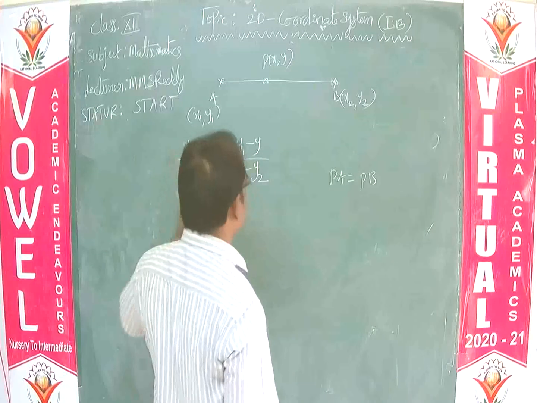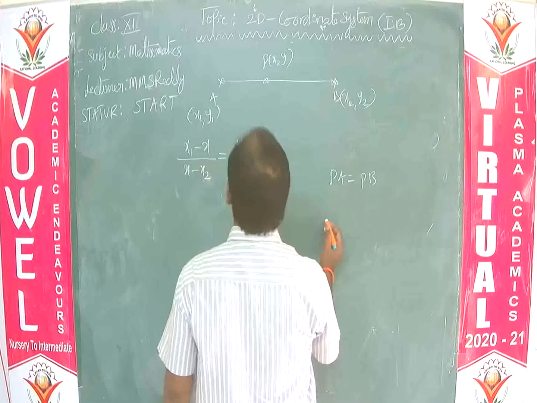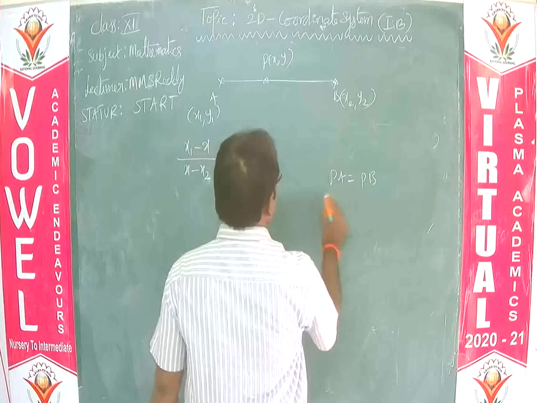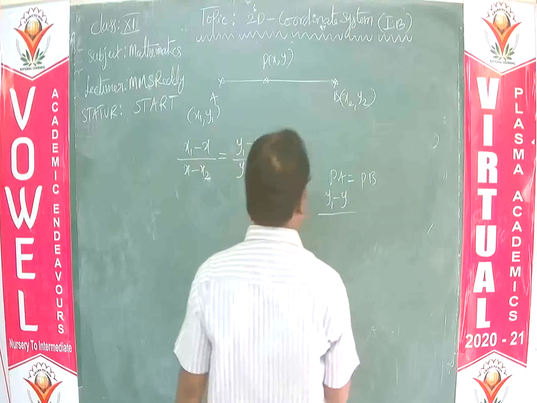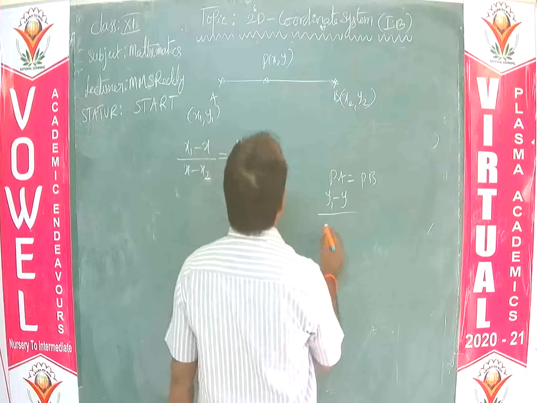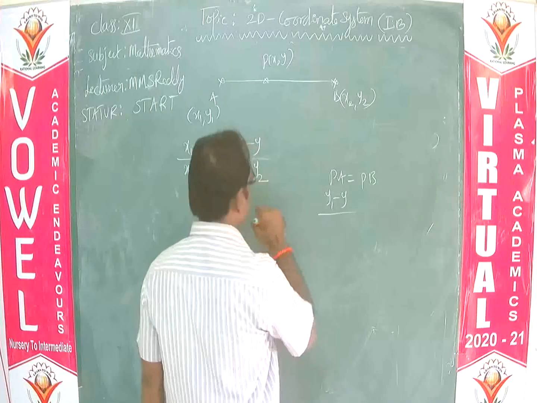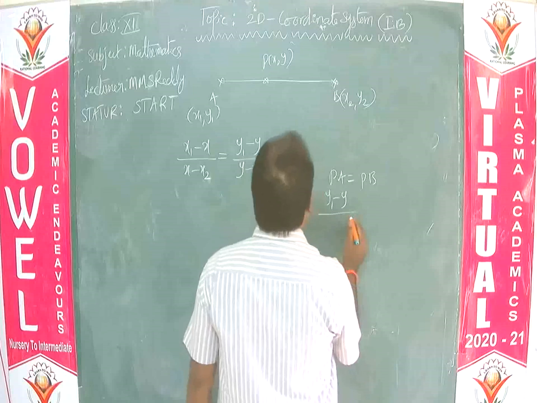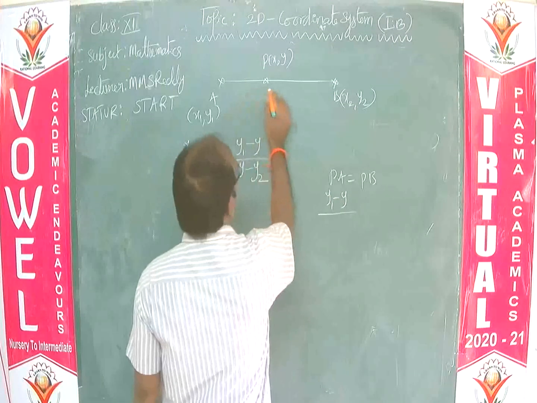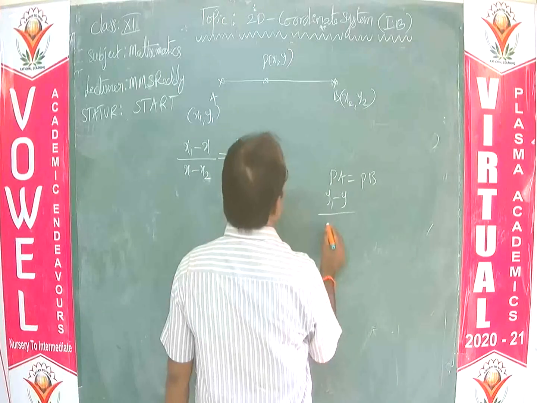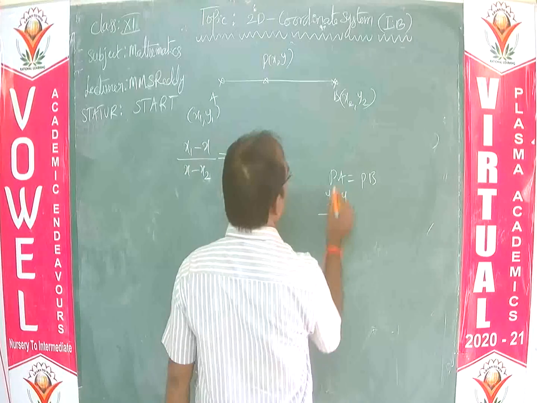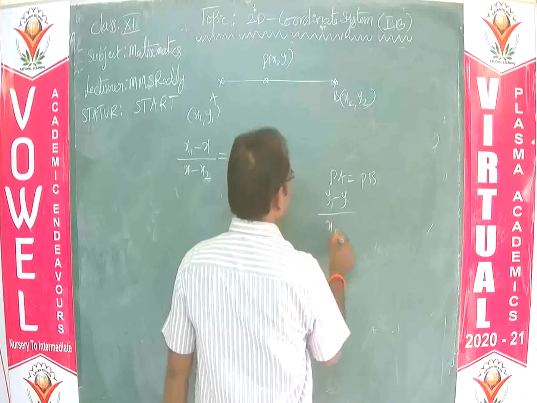So for that I am telling it directly. Slope of PA is y1 minus y by x1 minus x.